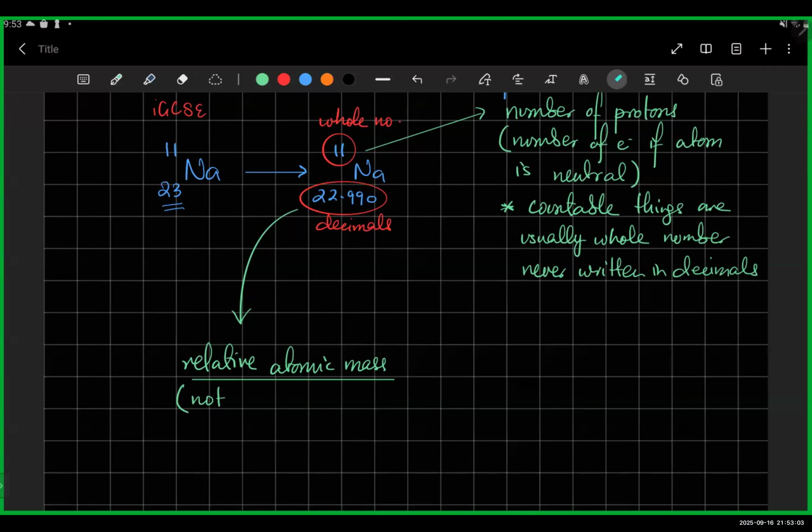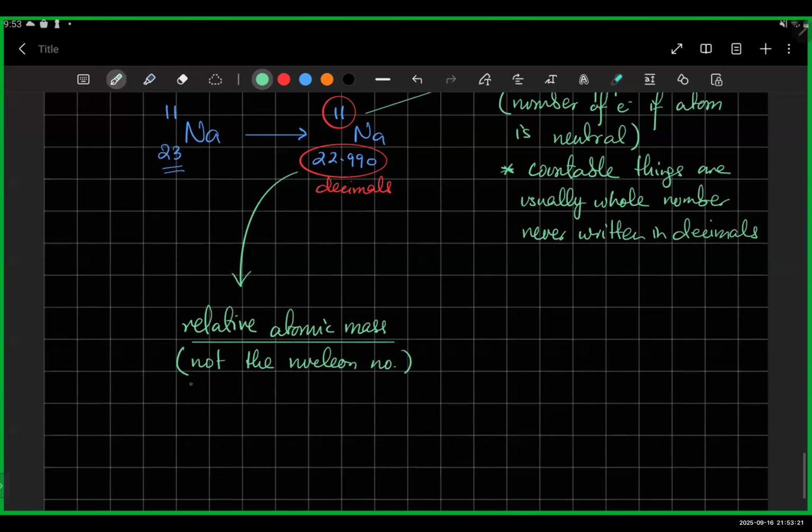But they're two totally different things. So this is the relative atomic mass. Keep this in mind. It's not the nuclear number, it's not the nucleon number. It's never the nuclear number, and it's always in decimals.